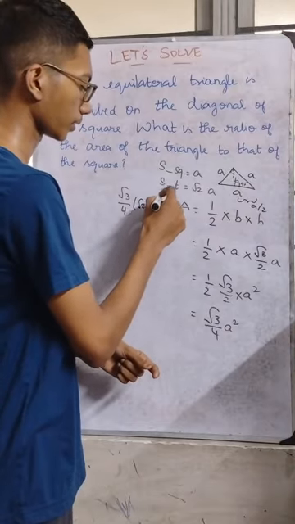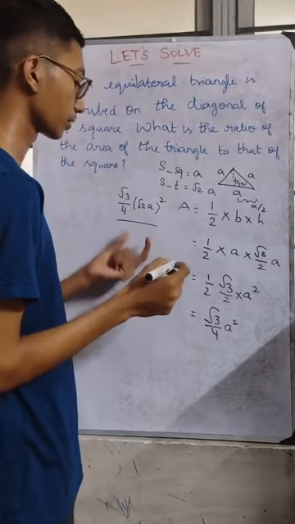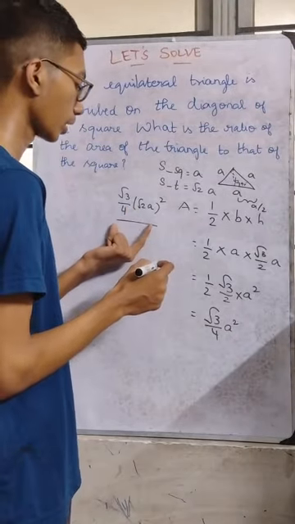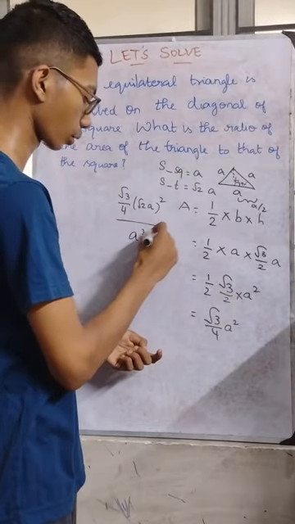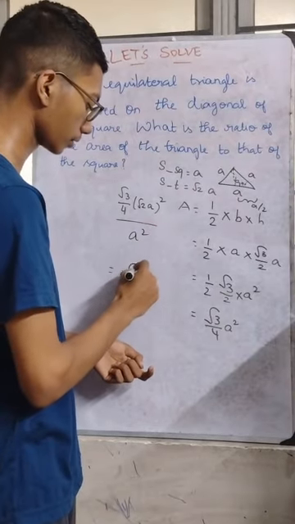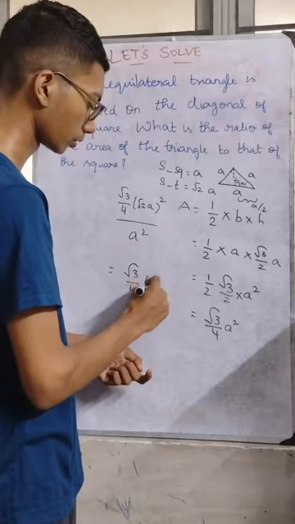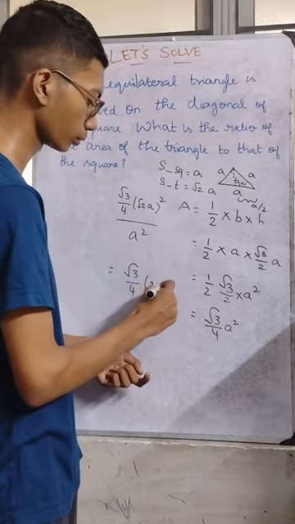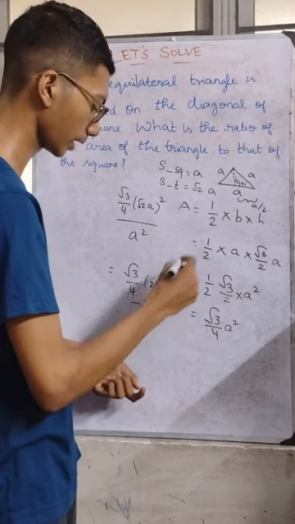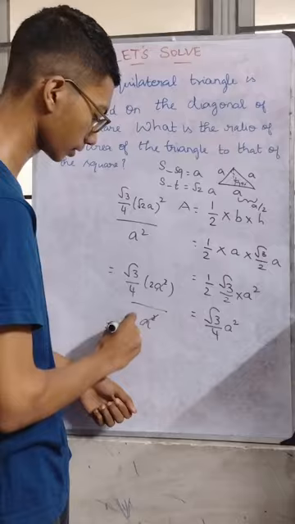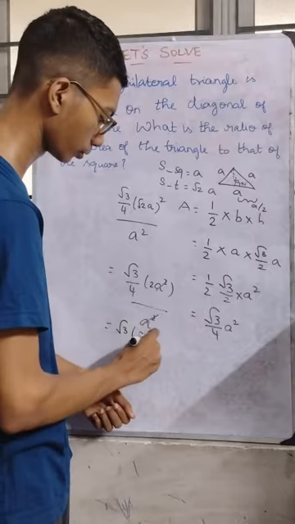So root 2 a the whole square, divided by, since this is a ratio, we use the dividing symbol, the area of the square, which is a square. So we have root 3 by 4, root 2 the whole square is 2 a square, by a square. We can cancel the a square. So the final answer is root 3 by 2.